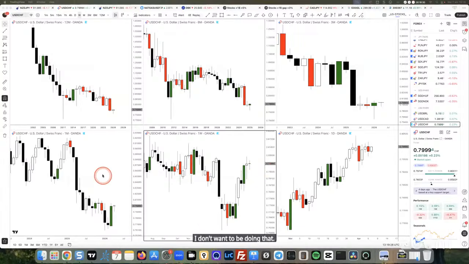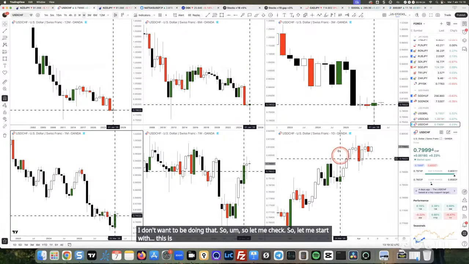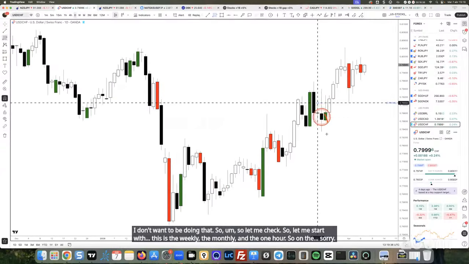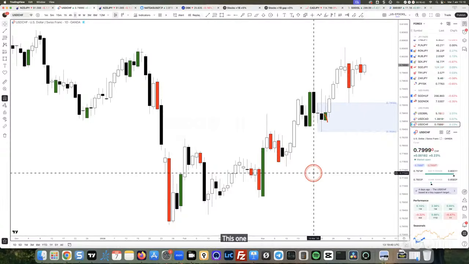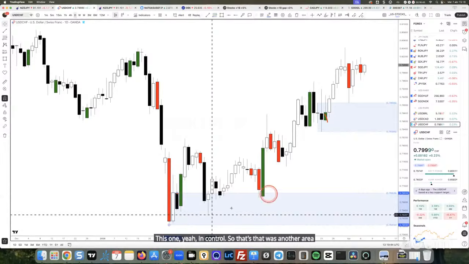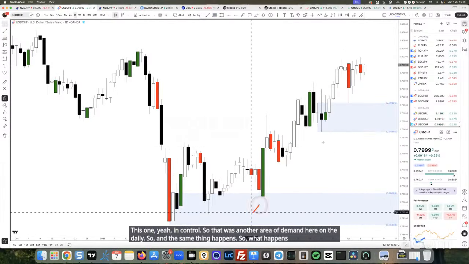So let me check. Let me start with this, the weekly, the monthly, and the 1 hour. So on the, sorry, daily, on the daily, we've got this one here in control. That was another area of demand here on the daily. And the same thing happens. We've got a daily in an uptrend.